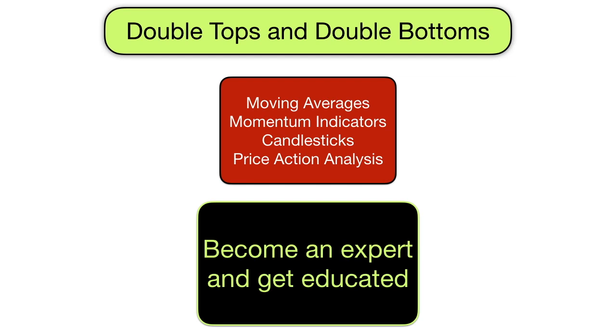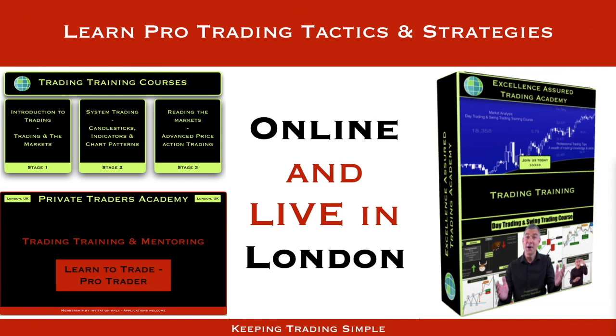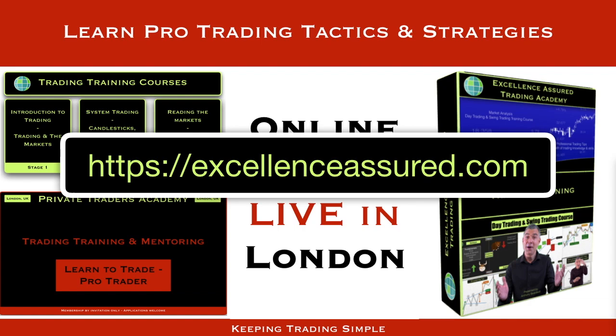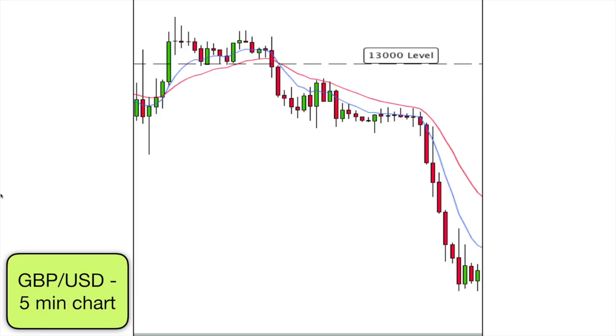And you'll need to be competent in each of these areas in order to manage these types of trades well and make good decisions. And we offer a fantastic trading education covering each of these areas extensively in our trading training course, which you can take online. Let's have a look at this then as our first example.